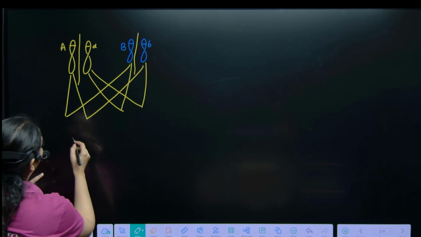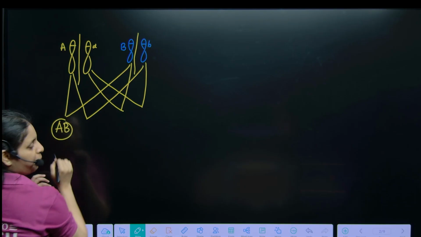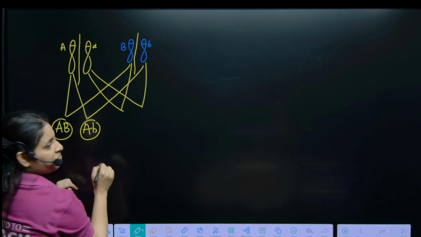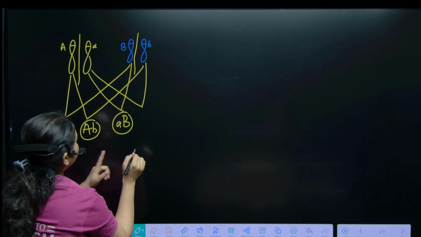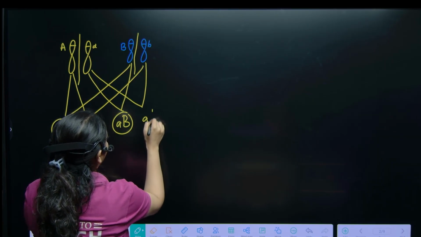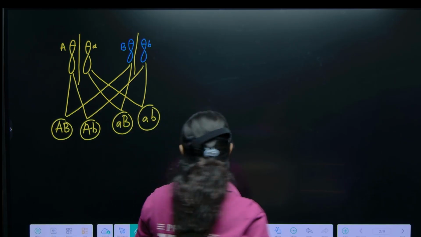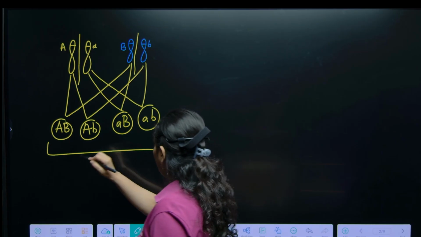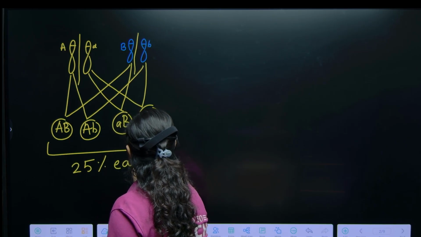So if we represent all the genes, what do we get? First gamete will receive capital A, capital B. Next will receive capital A, small b. Next one will receive small a, capital B. And the last one we have small a, small b. So what do we see? There are four different types of gametes and all these gametes will be produced in equal proportion, so 25% each.